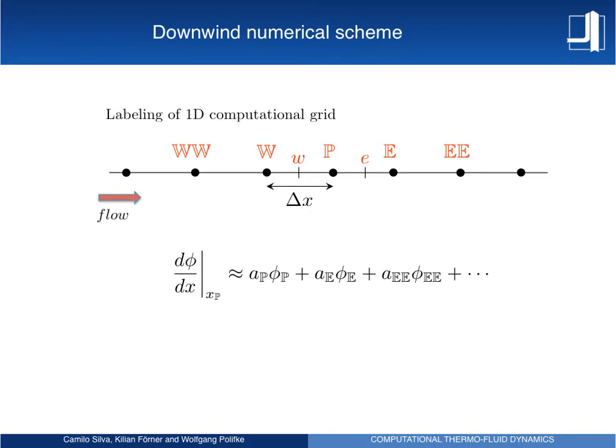We are at P and we have the information of E and EE here like this, and this doesn't exist. So what do we want to know? We want to know the values of these a coefficients. Once we know the values of these coefficients, we will be able to have a numerical scheme for the derivative of phi.